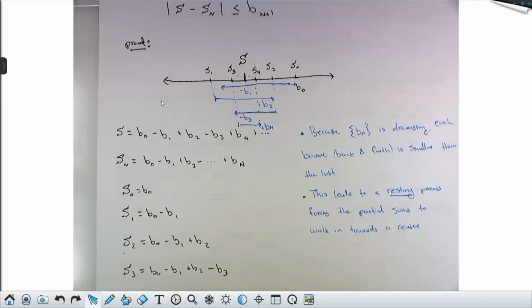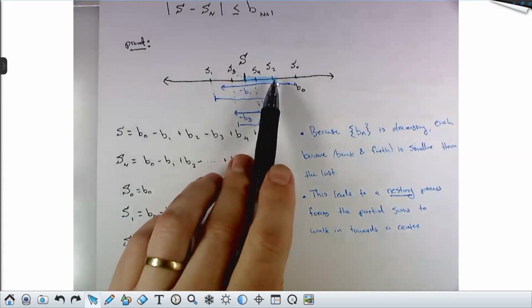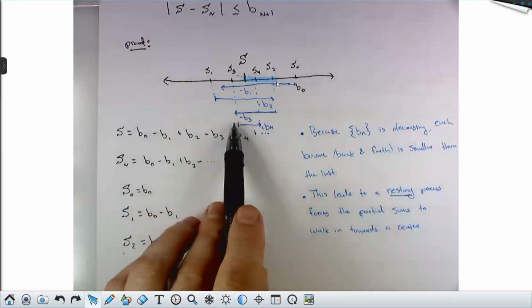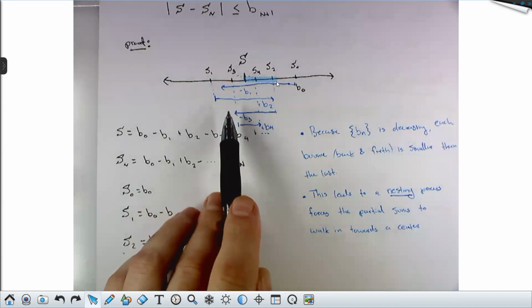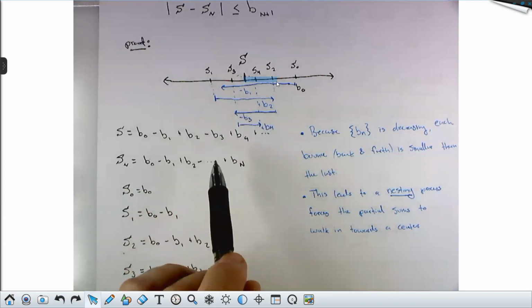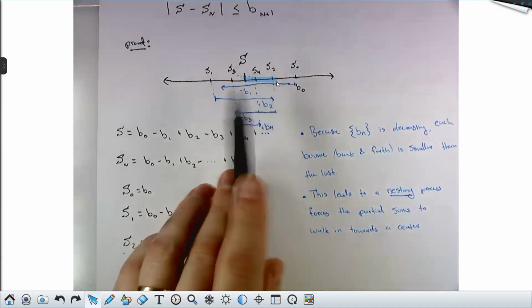And the big deal here is that if you look at the distance from the full value of the series S to any one of the partial sums, let's look at the distance from S to S2. That's this horizontal distance. What we can say for sure is that the distance from S to S2 is smaller than B3. Does that make sense?